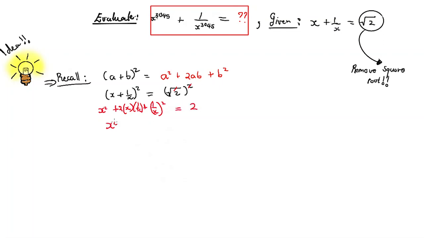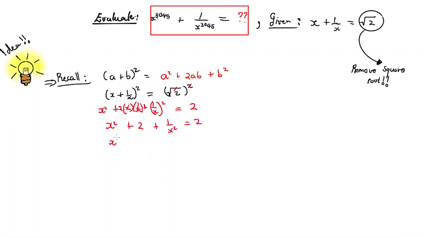Let me present it like this: x squared plus 2, where this x will cancel out this x, and the 2 will be times that 1, plus 1 over x squared equal to 2. Right, now I have a fraction in the equation, so we have to take out the LCM and multiply throughout the equation.